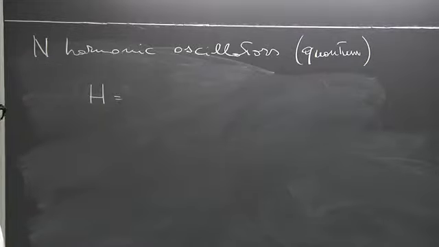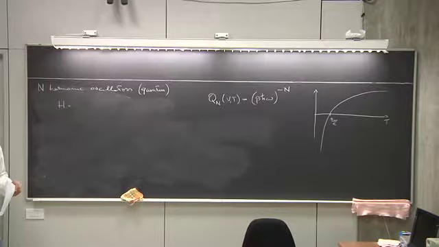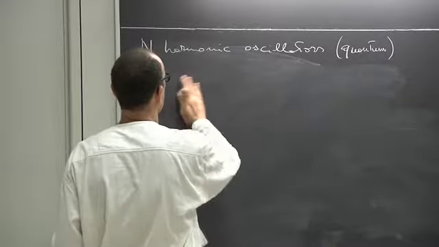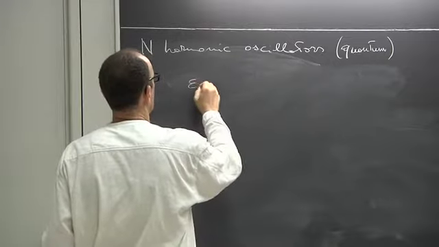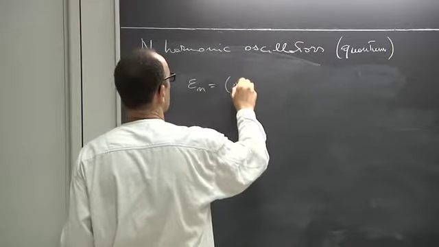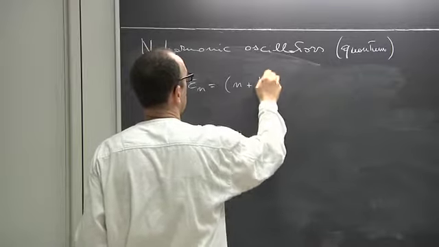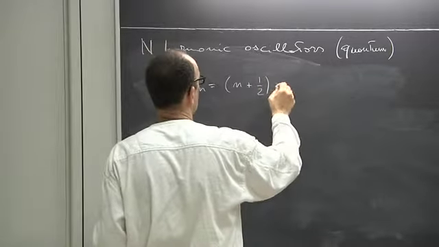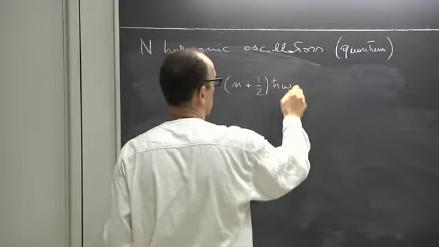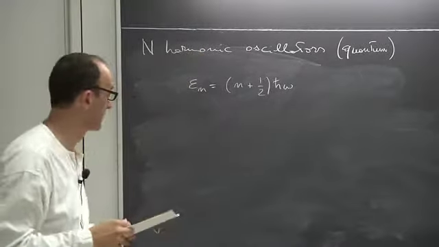And each of them will have a discrete set of energy levels, okay? The energy levels of each of these oscillators will be (n plus 1/2) h bar omega.